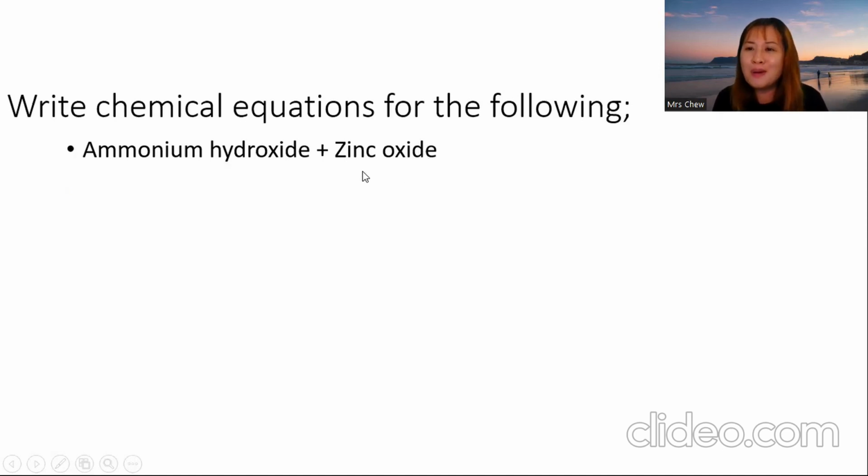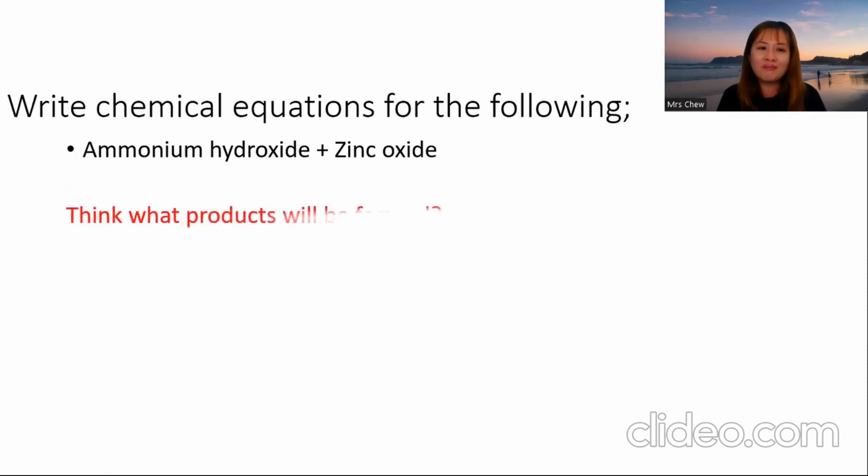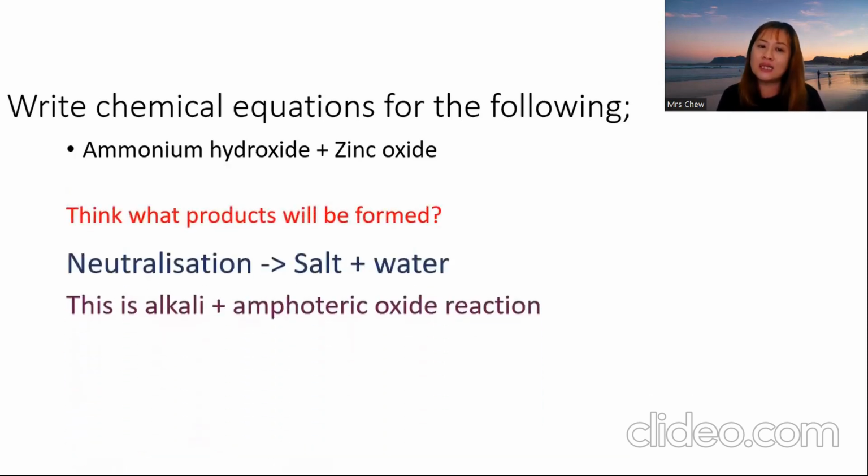Oh, do you remember zinc oxide is an amphoteric oxide that can act as either an acid or an alkaline? So for this case, this is an alkaline, and it will also react with this zinc oxide, okay? So it is also neutralization. So it will be salt and water again, okay?